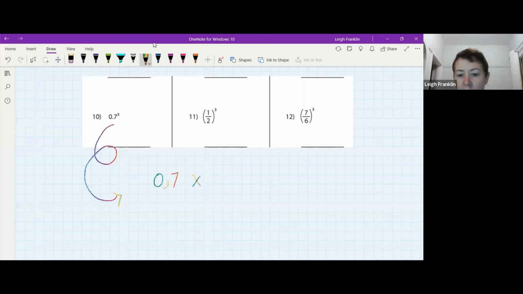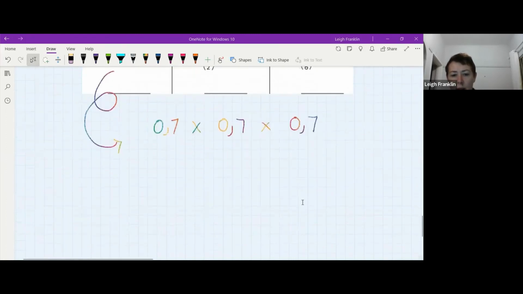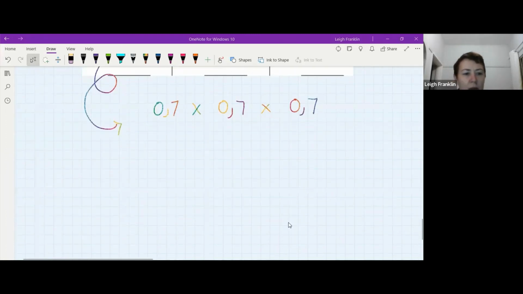It means 0,7 times 0,7 times 0,7. Now, how else can I write 0,7? Let's see who's got their hand up.